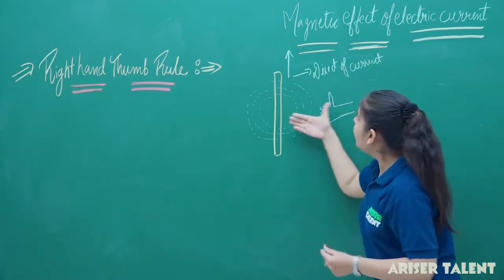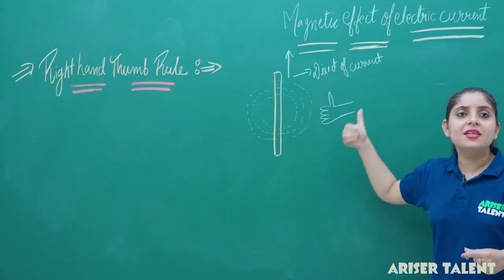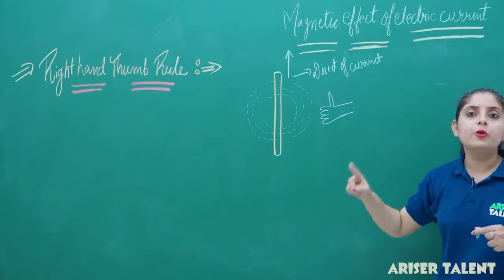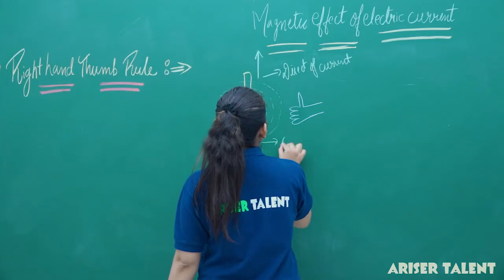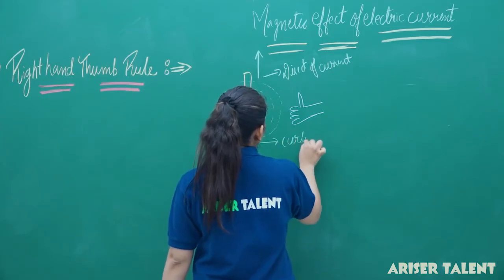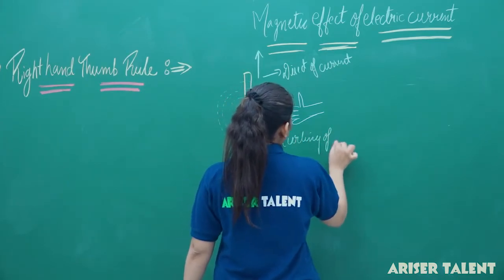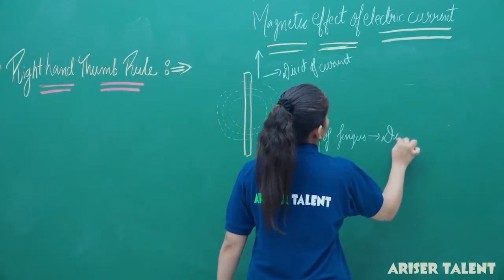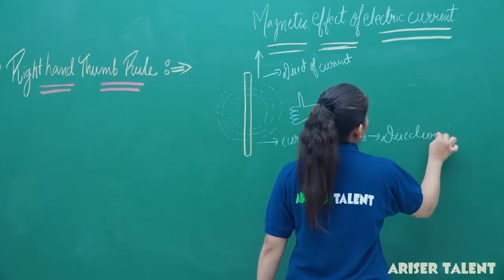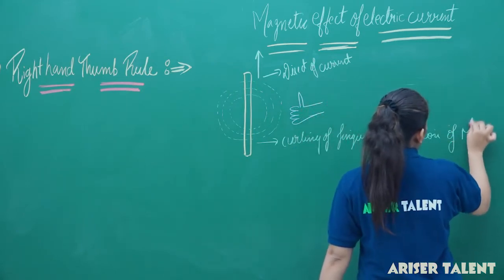And the curling of the fingers is going to tell you the direction of the magnetic field.